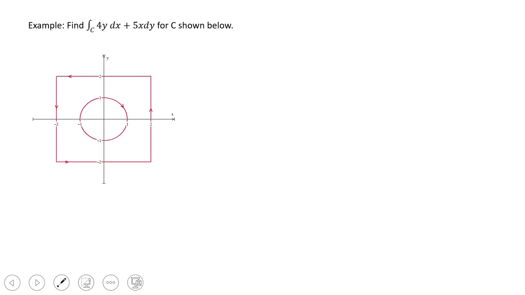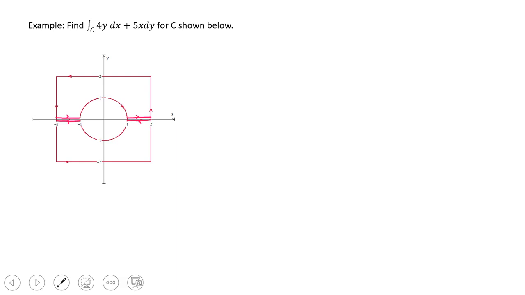So we want to find the following integral, 4y dx plus 5x dy, for the path shown. Our path consists of moving around, I guess it's a square on the outside and a circle on the inside.